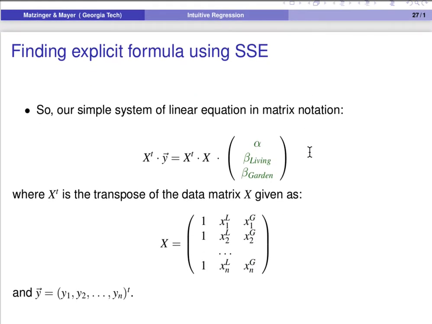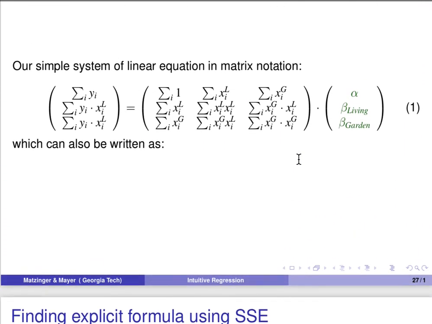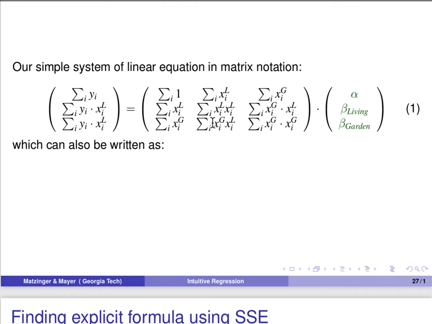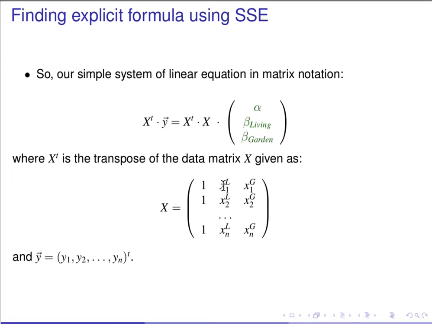And so now I can see that this above here can be written as X transpose X, and this can be written as X transpose y. X is a matrix of the data without the prices included, and the first column is ones, if we have an intercept, if we have alpha here.